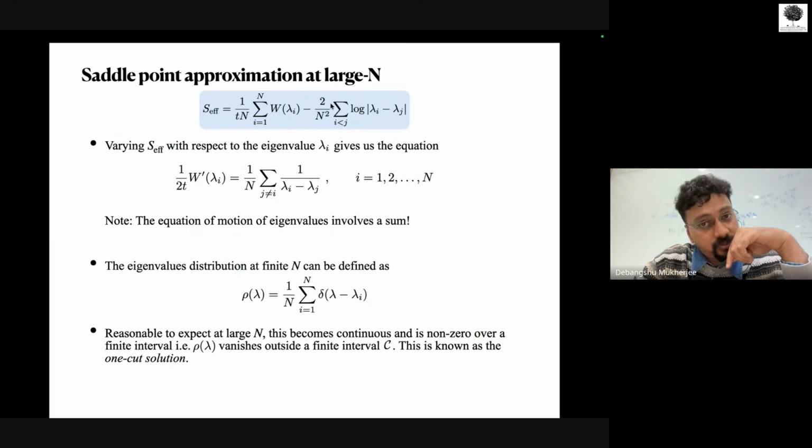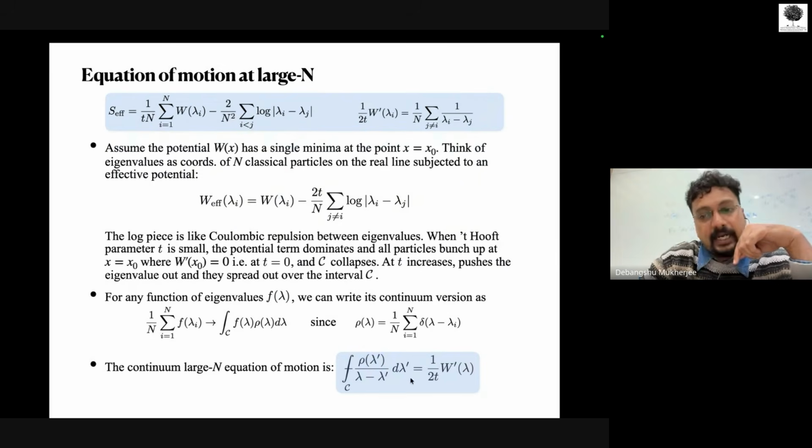Secretly, there are actually two summations. So one of the summations drops off, and you are still left with another summation which becomes an integral in the continuum limit. And that is precisely why your equation of motion now looks very non-trivial. So it's an integral equation.